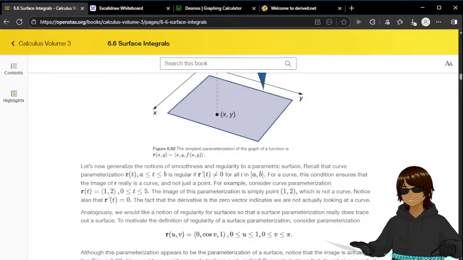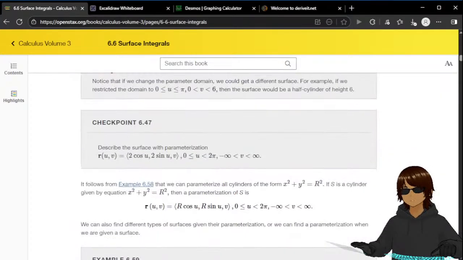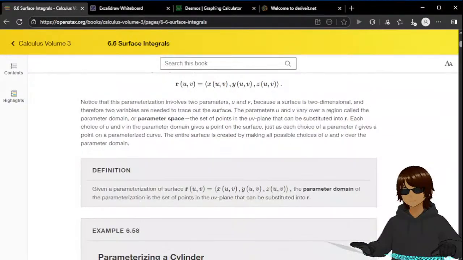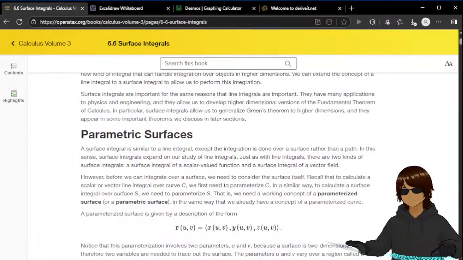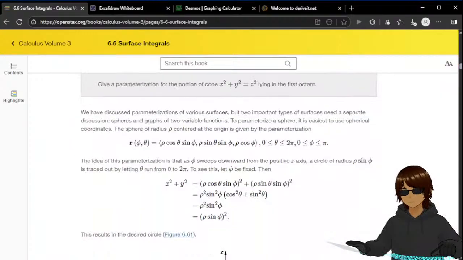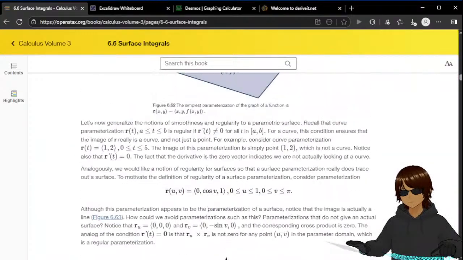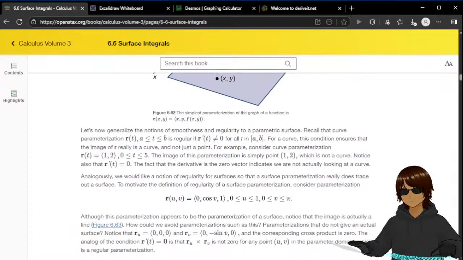Okay, what do they mean by the image of r? I forgot. The image of this parameterization is, for example, consider the curve parameterization r(t) = (1, 2).